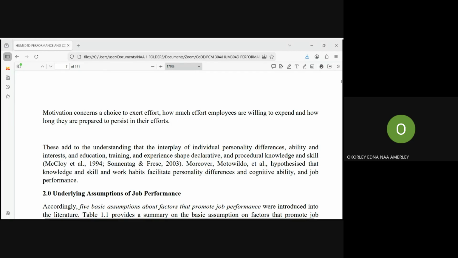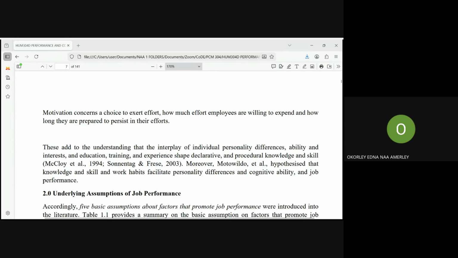Okay, so we are talking about motivation, and I've tried to explain to you that it is a choice. So you should know that motivation is the choice of the individual to use whatever effort that person has. And for us to also understand, once it is a choice, it means that certain internal factors, certain things within the person will let the person make that choice.